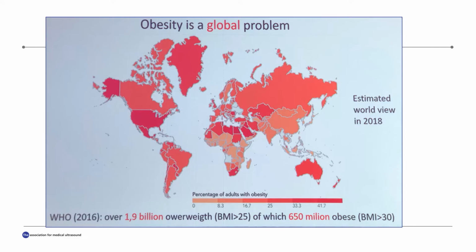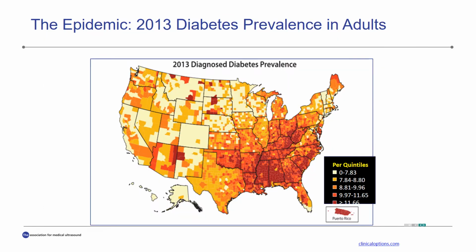Looking at this map, there is a lot of deep red everywhere. Obesity is a global problem almost everywhere, especially in developed countries. Looking at diabetes in the States, the epidemic of diabetes, we can see here in the southeast part of the States a very deep red color.